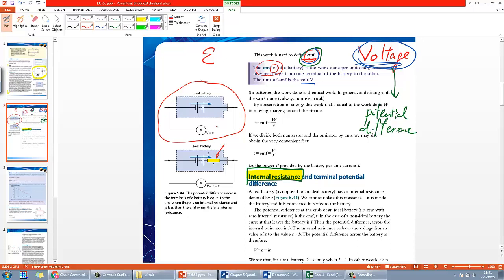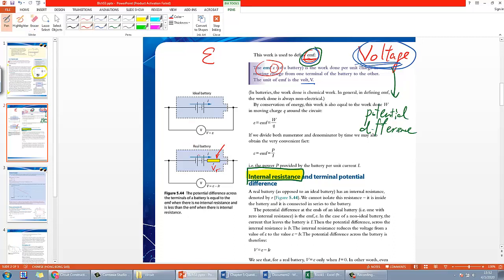This is how you treated the circuit before this chapter, or in year 10. That is, voltage simply equals EMF. So the world was much simpler, but now your world is getting more complex. We now acknowledge there is internal resistance, and this internal resistance would surely take up some voltage. Let's say it is V_r, or V small r.